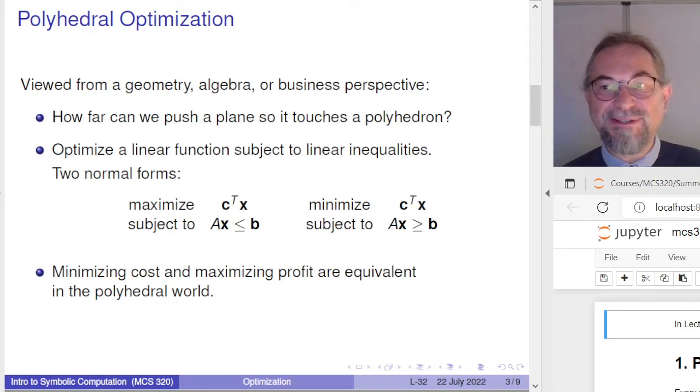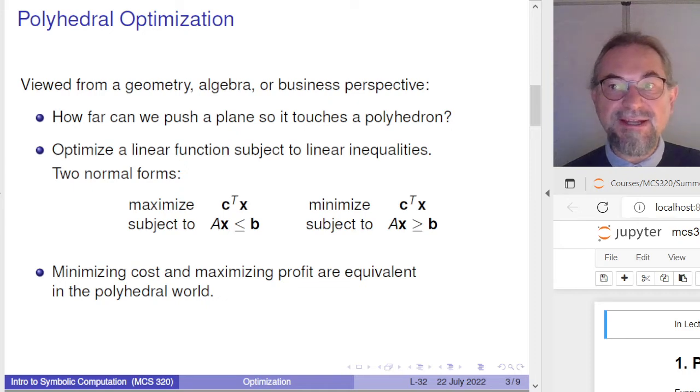This is a course in symbolic computation where normal forms played an important role. So there are two different normal forms for optimizing over a polyhedron. Algebraically, the polyhedron is represented by a list of inequalities.